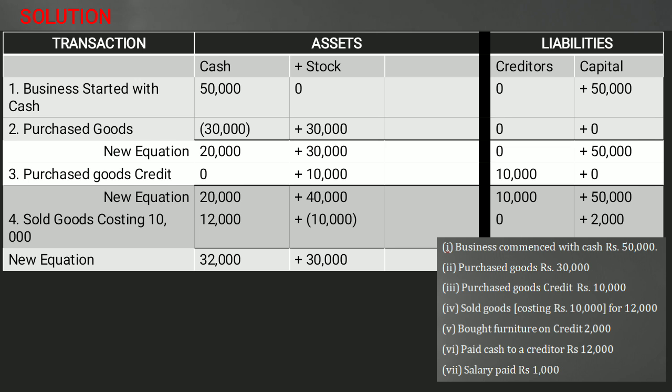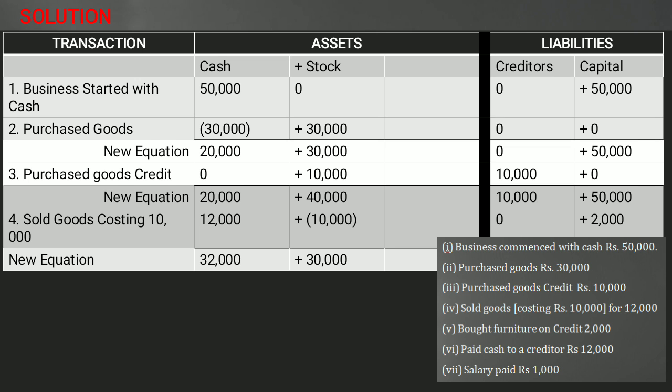So what is the effect? In the business we are getting 12,000, so definitely it will increase our cash, but we are losing our stock by 10,000, so our stock will decrease by 10,000. Two things are there. Then again, here we are getting a profit worth rupees 2,000.